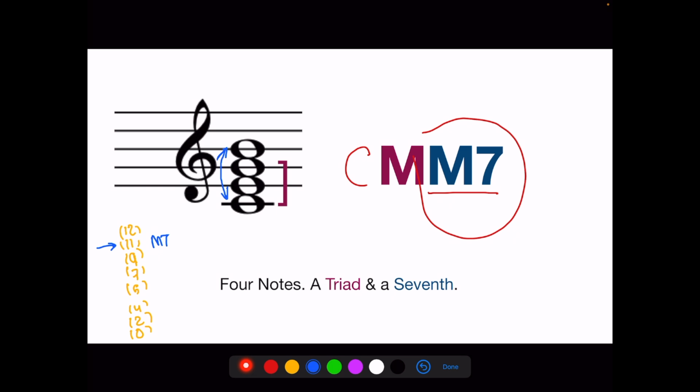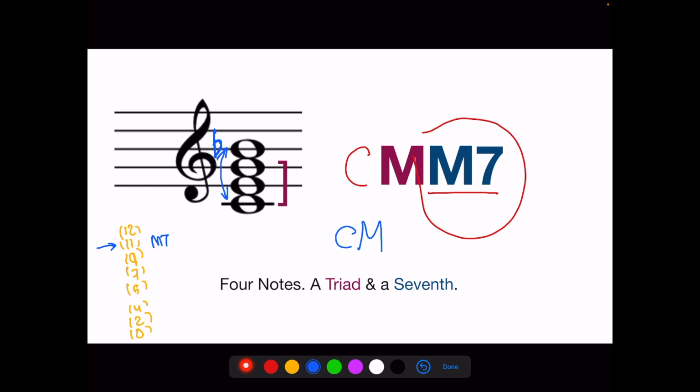Okay, so instead of C major 7 like this example, if we, for example, have a B flat instead of a B natural, well, the first part is still going to be C major, but the second part is going to be from C to a B flat. So if we know that 11 half steps means it's a major 7, now we're reducing it by 1 half step.